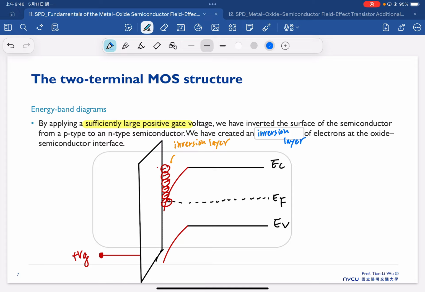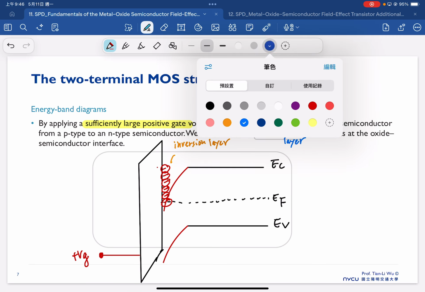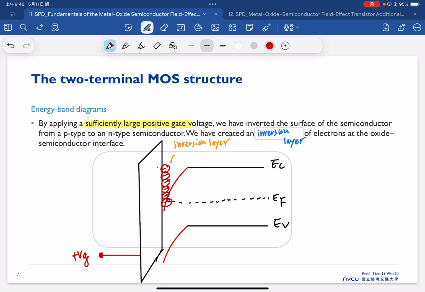So now we have created an inversion layer of electrons at the oxide-semiconductor interface, which is shown in this region. And this is the case under a large gate bias.